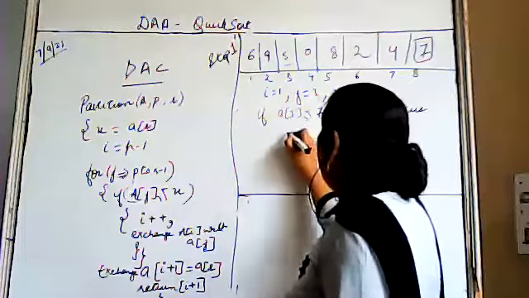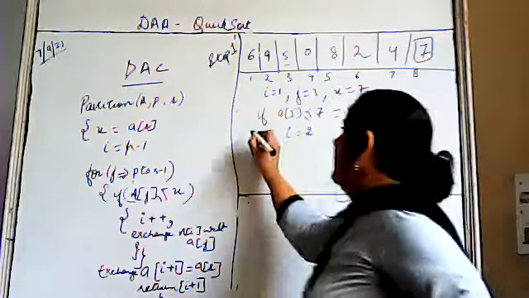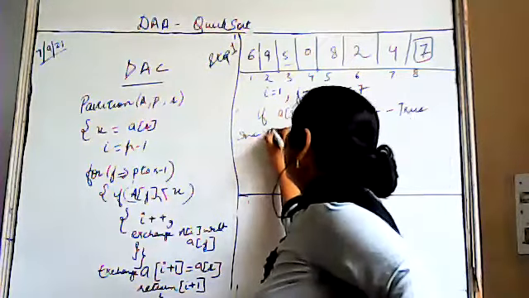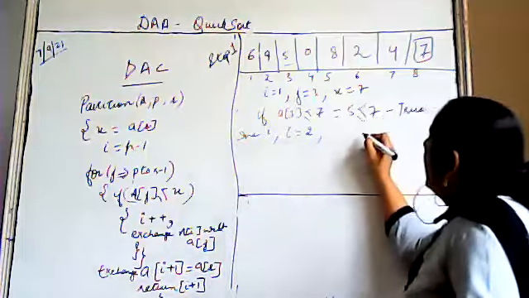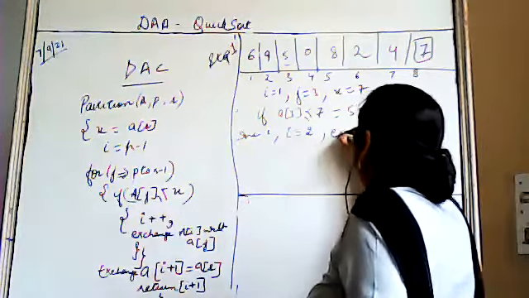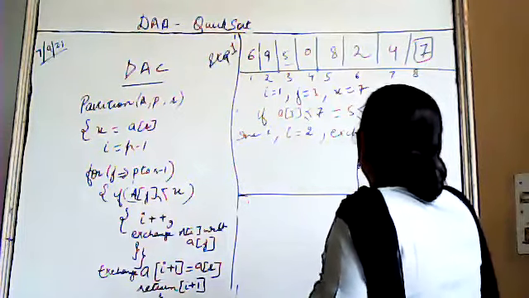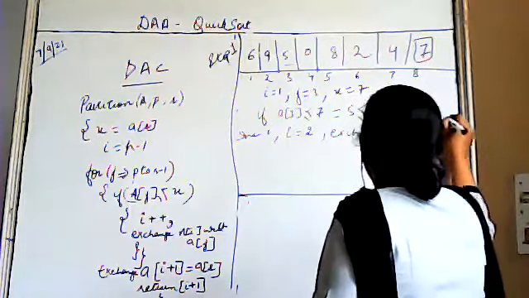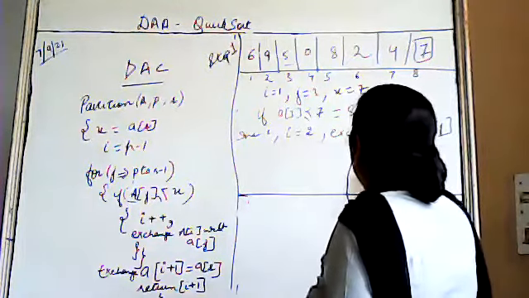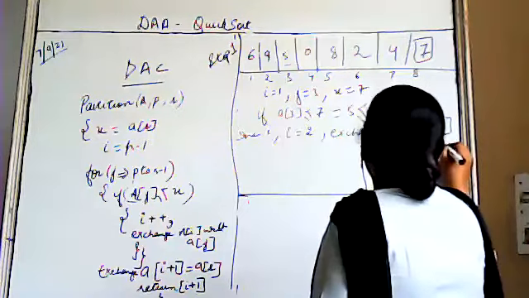Now increment i. So i will be incremented by 1. So i will become 2. And then exchange a of i with a of j, that is a of 2 with a of 3.